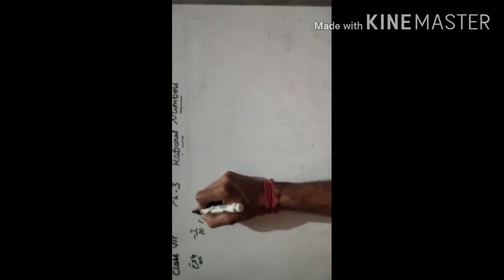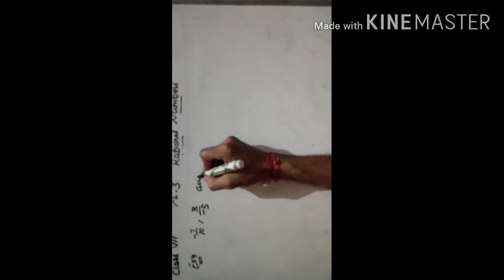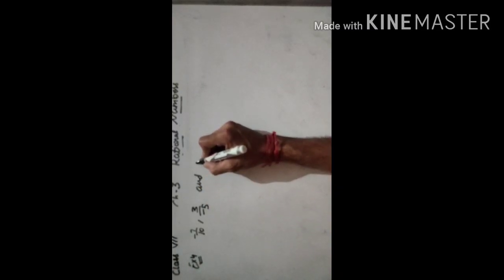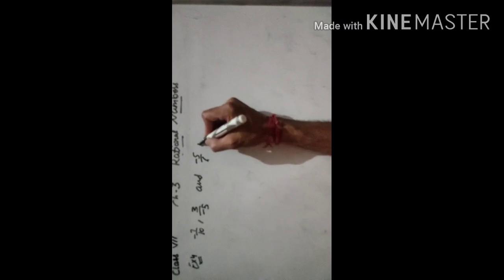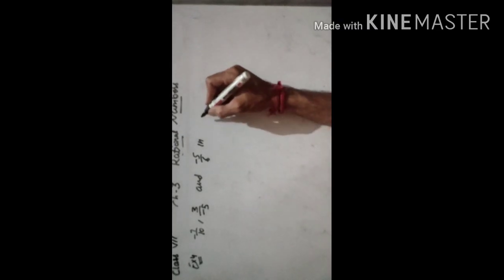Example 4 is arrange the rational numbers -7 by 10, 5 by 3, -5 by 6 in ascending order.